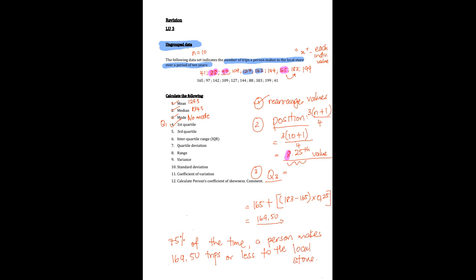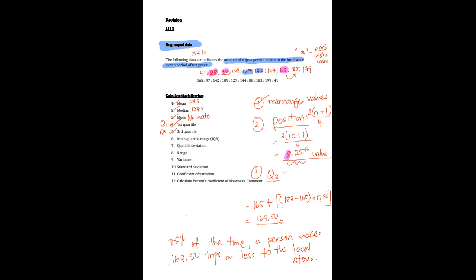Okay, so that's your calculation of your third quartile as well as your interpretation of it. All right, so that is Q3, which is also known as your third quartile. I'm just writing it on the left-hand side so you're familiar with that.